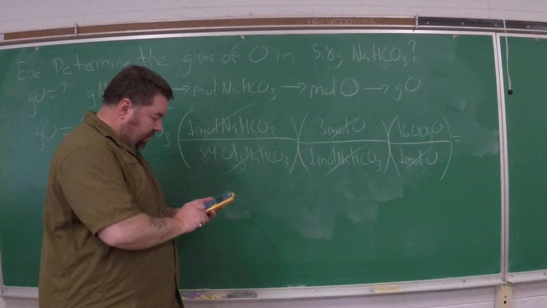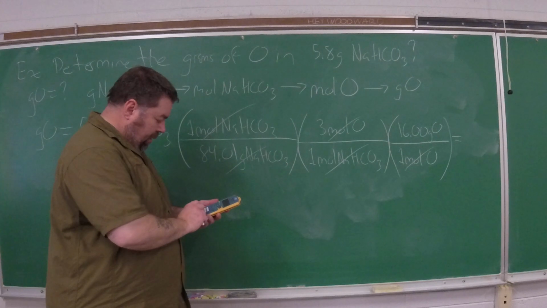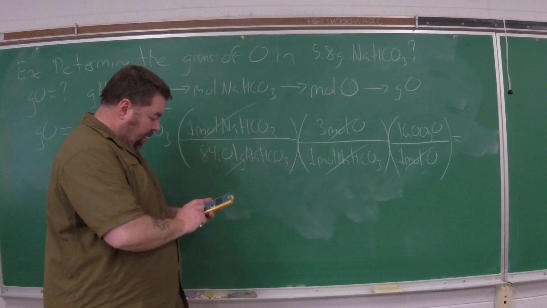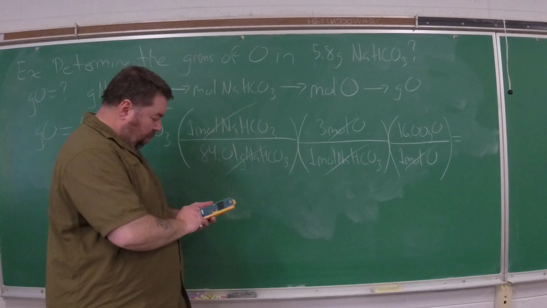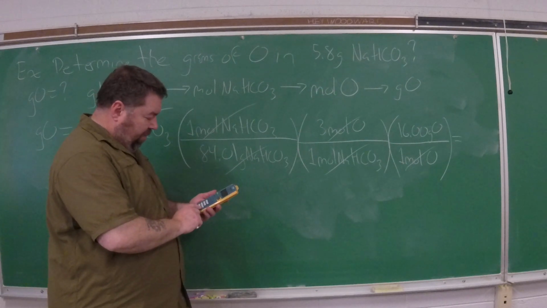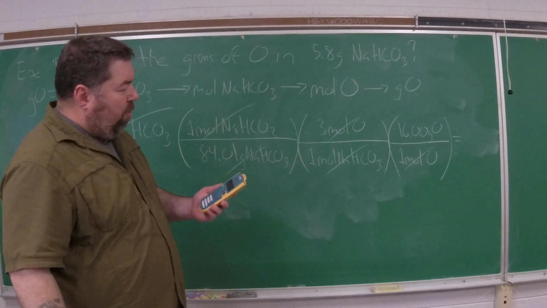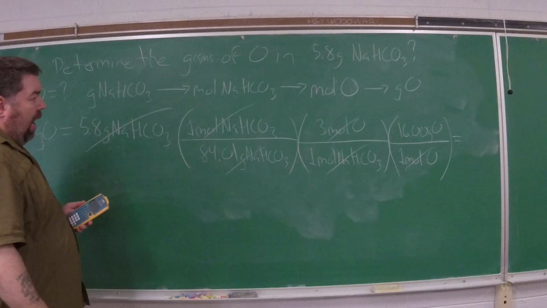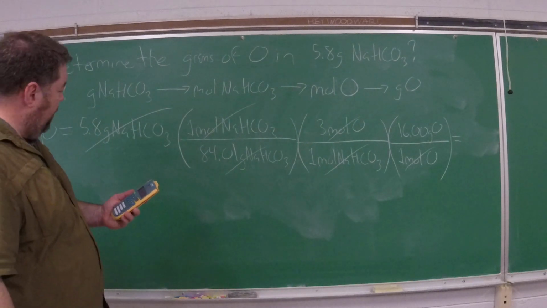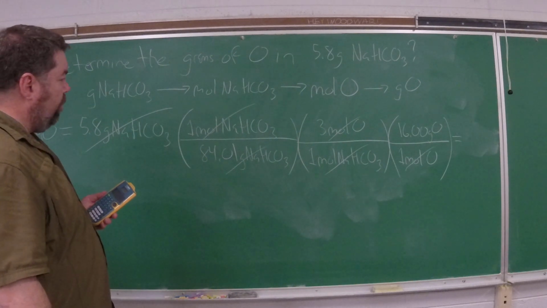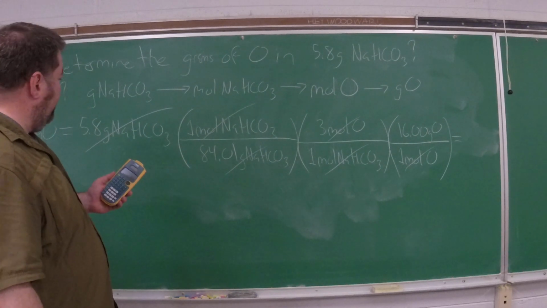So plug in your numbers. 5.8 times 1 times 3 times 16 divided by 84.01 divided by 1 divided by 1. And I'm getting 3.31 grams of oxygen, which sounds about right. How many sig figs do we have?